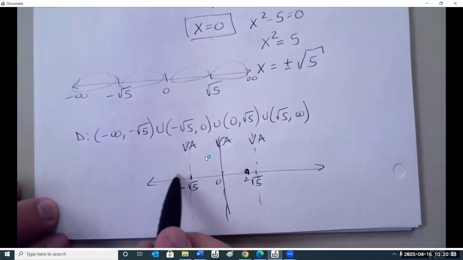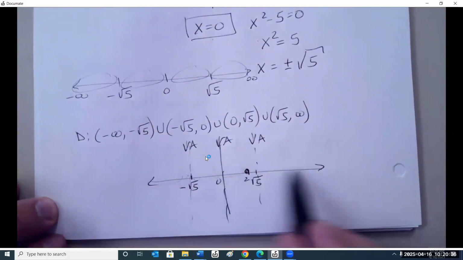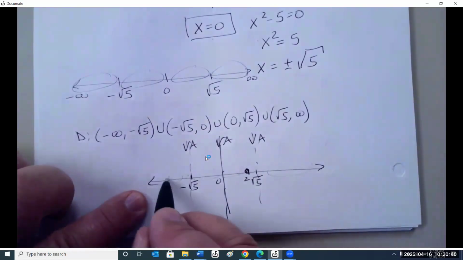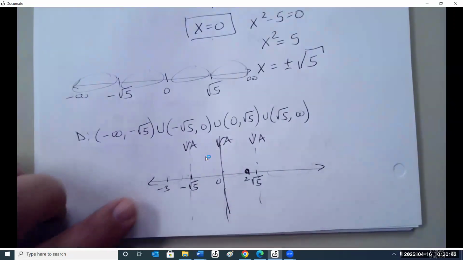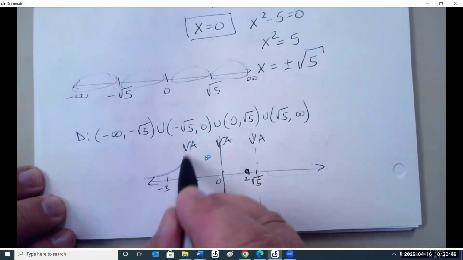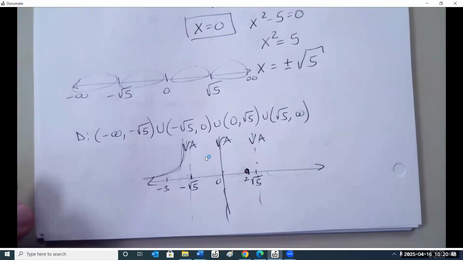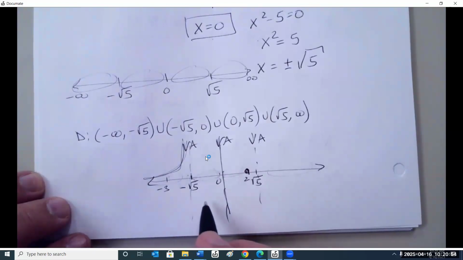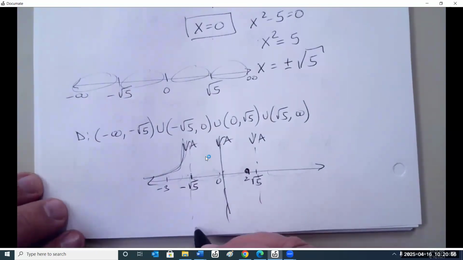And then what we do, we pick values in each one of these set domains. What happens if we pick a value here, say -3? We put that in our equation, we'll get a positive answer. If we pick a number between negative radical 5 and 0, we have all negative answers.